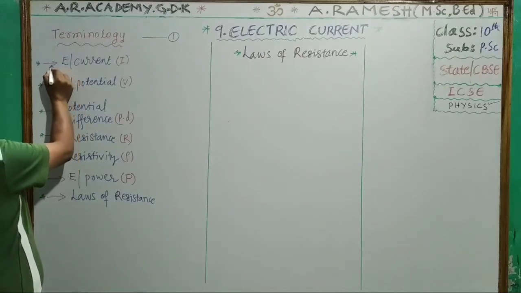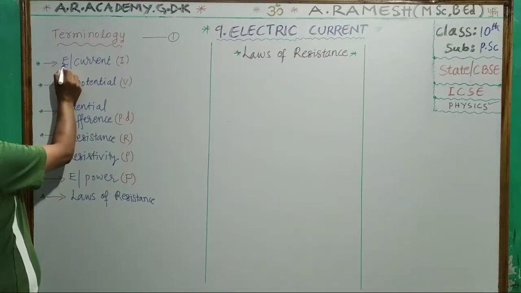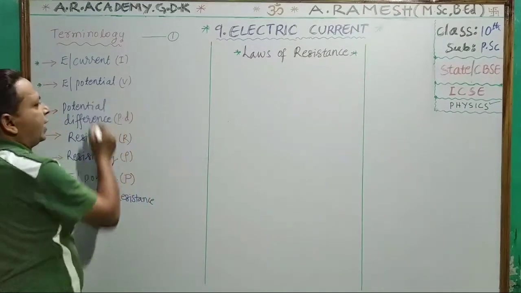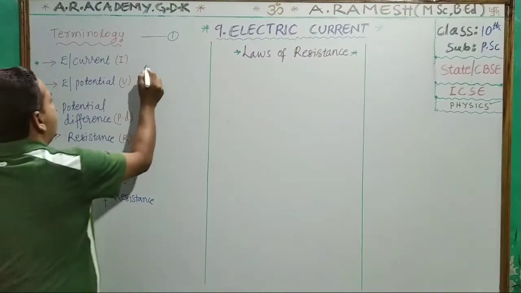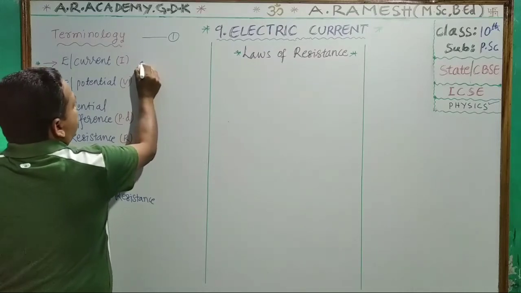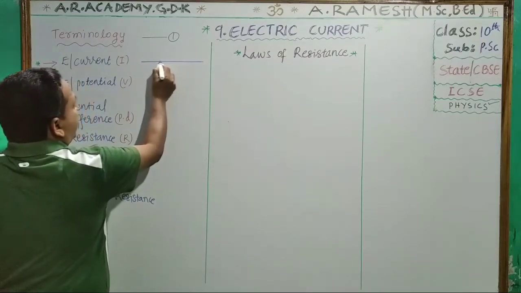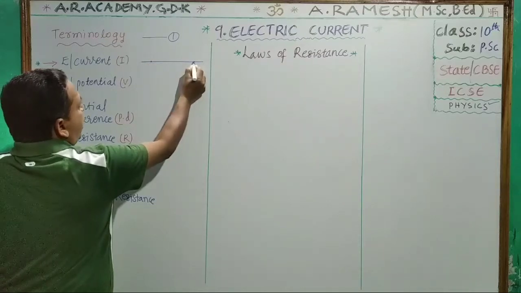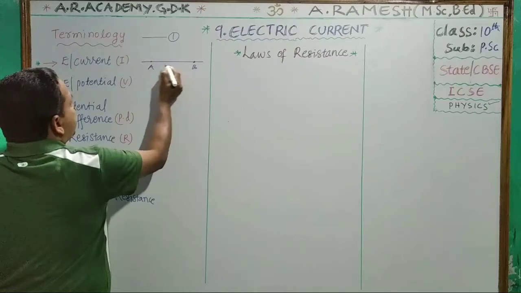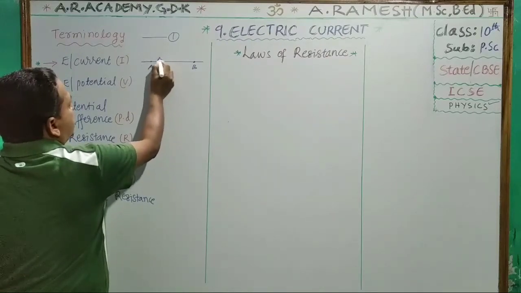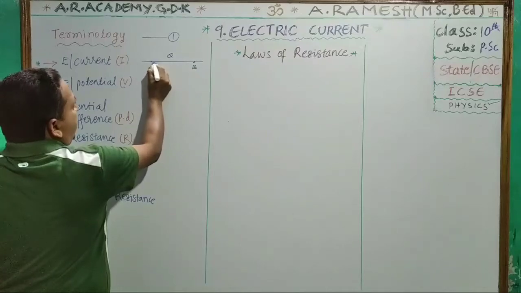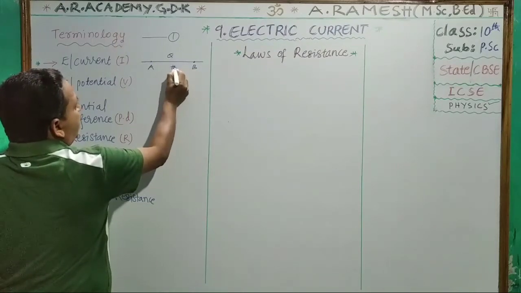The first term is electric current I. What is electric current I? Let us try to understand. Look here, children, this is a wire or conductor. These are the 2 points, A and B. Between these 2 points, some charge Q is moving from A to B in time t.